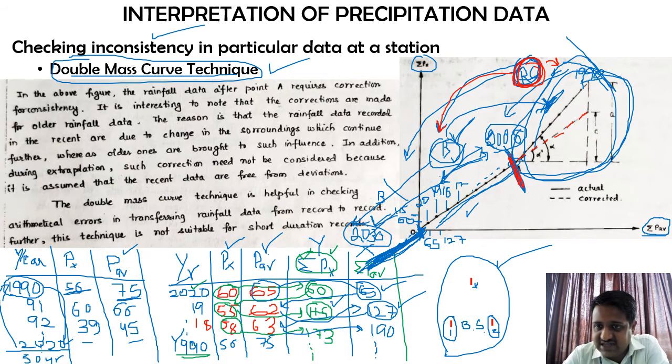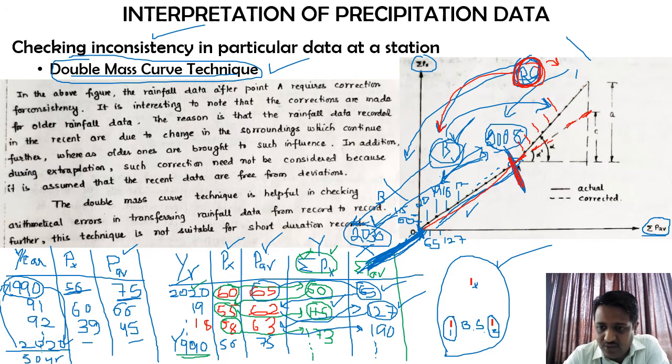So for that I am going to do the corrections for all these years after the deviation we have found out. And once I do that correction, I am going to get this dotted line, which will be in line with the recent years' rainfall characteristics. I hope it is clear. Now we are going to check how we apply that correction. I'll just rub off a few of these.